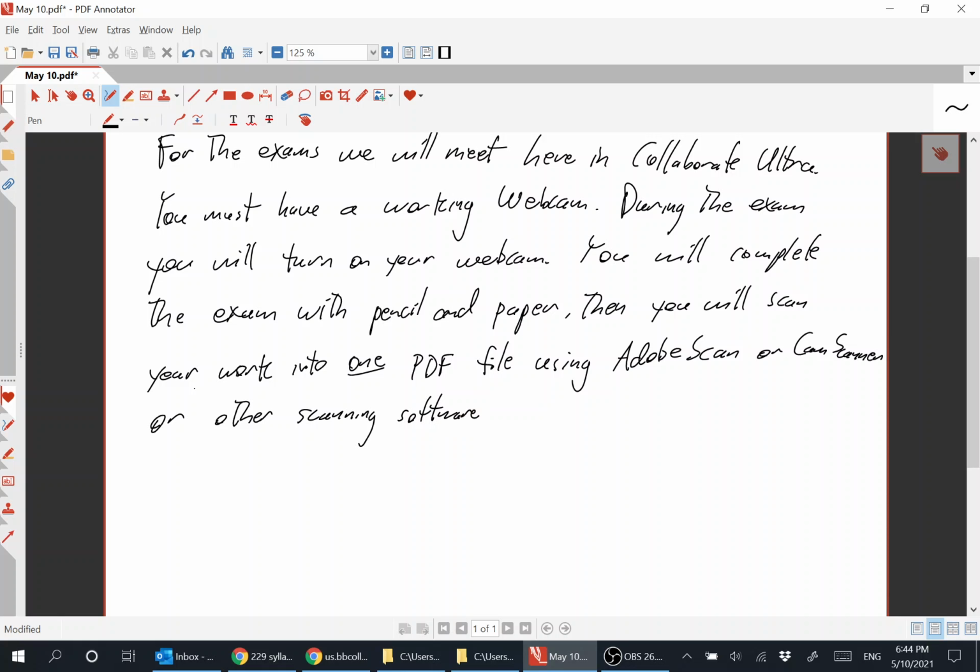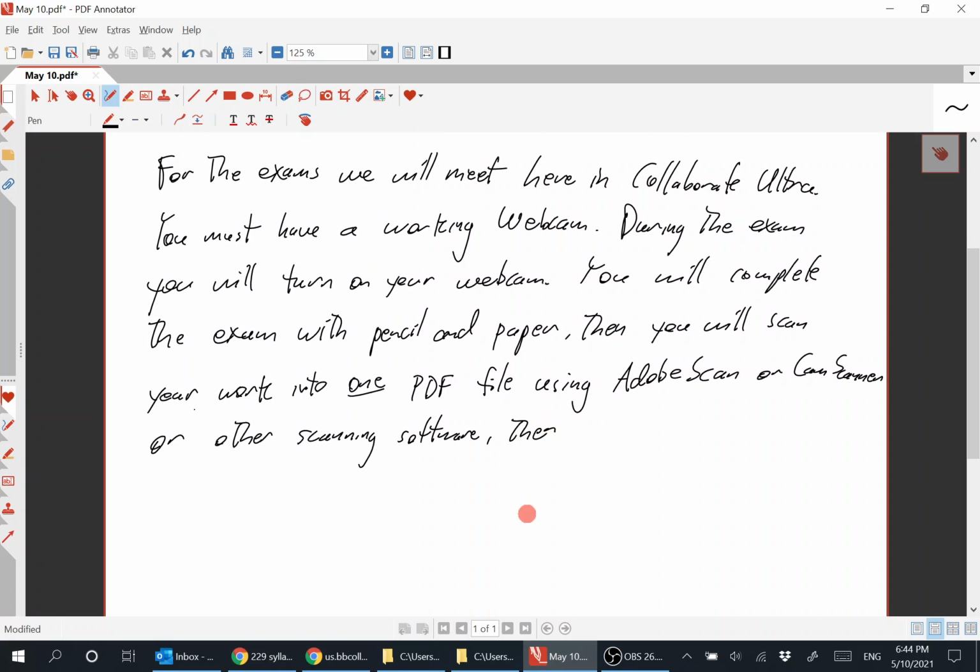So you'll scan your exam using your phone into one PDF file, and then you will upload the exam to Dropbox on Pilot.